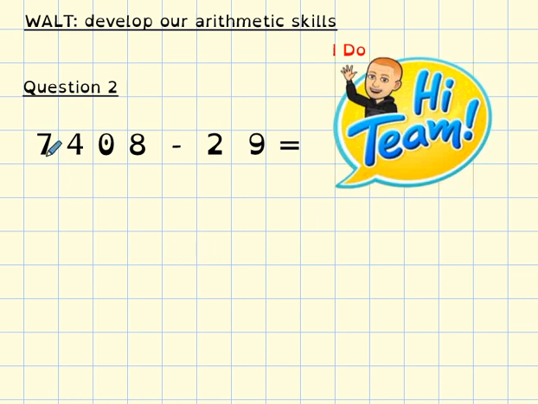So subtracting 30 would get me to 7,378. Because I subtracted one too many, however, I need to add on that one to give me a final answer of 7,379, which is my answer to my original calculation.